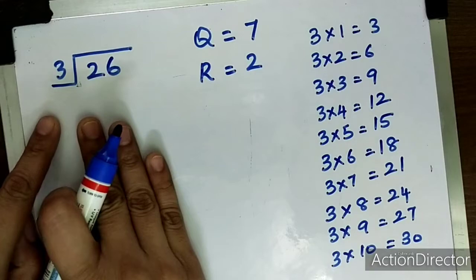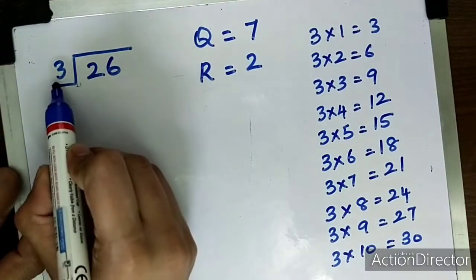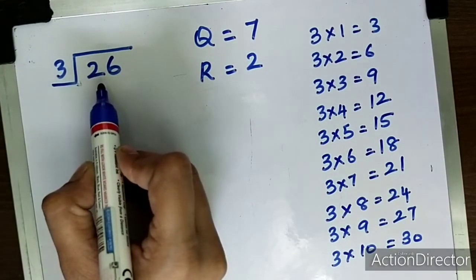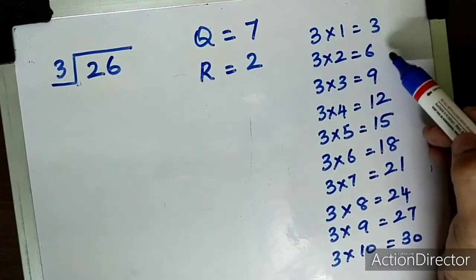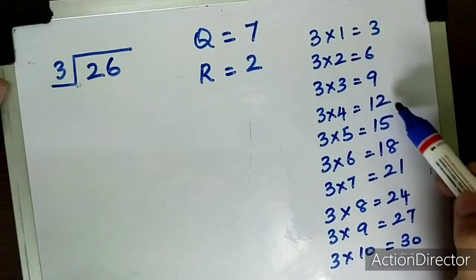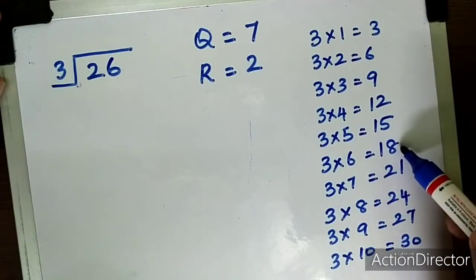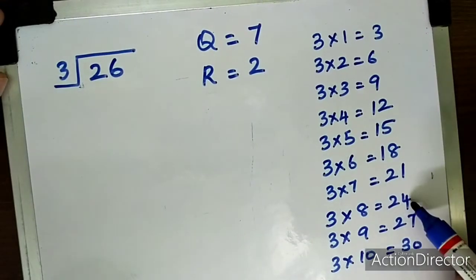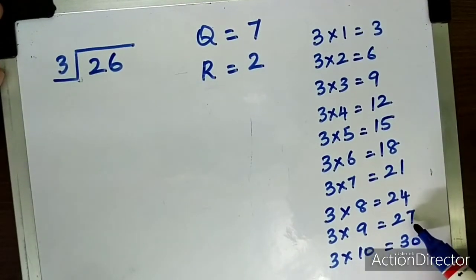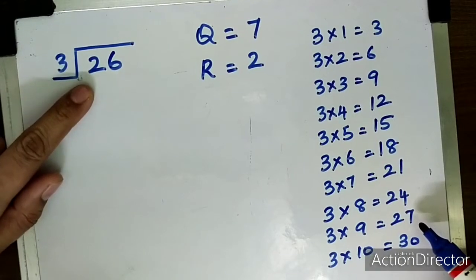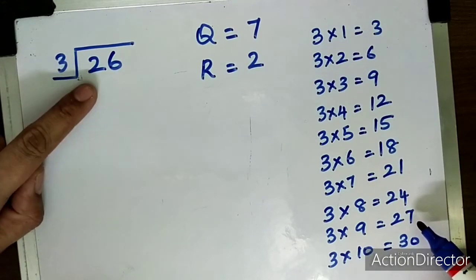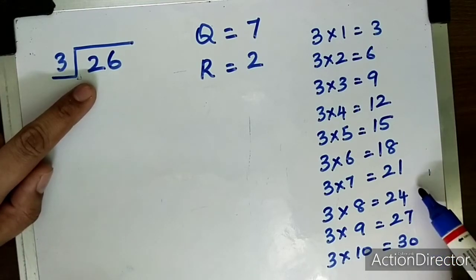Now we are going to do the long division. Is 26 coming in the 3 table? 3, 6, 9, 12, 15, 18, 21, 24, 27. Is 27 larger than 26 or smaller than 26? 27 is larger than 26. So we are going to take the number before.